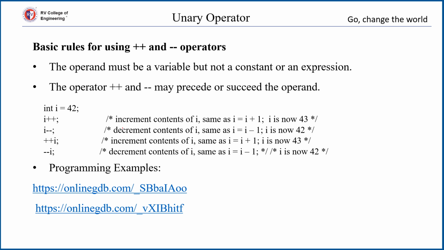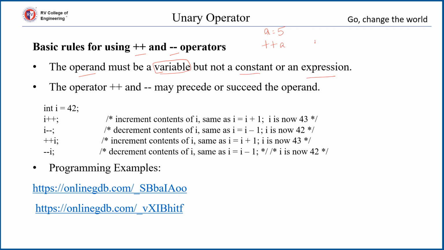Now there are certain basic rules that have to be followed when using your increment and decrement operator. The first rule is that the operand must be a variable. For example, I can have something like this: plus plus a, where a is equal to 5. It cannot be a constant or an expression.